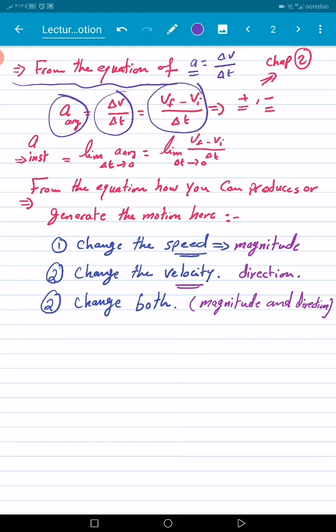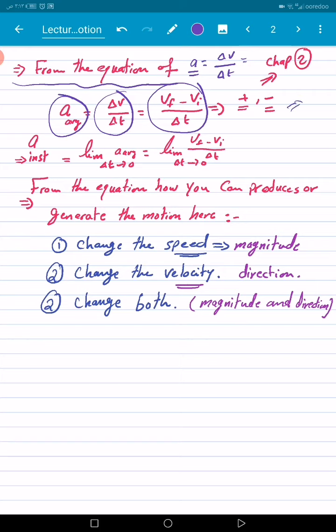For instantaneous, I can find it as a derivative at each moment. But here I cannot take a derivative. I can bring it as average acceleration from V final and V initial.